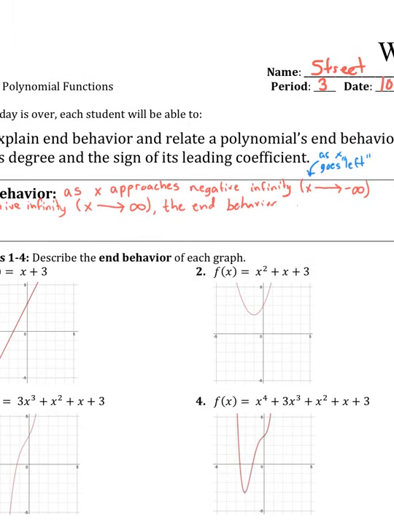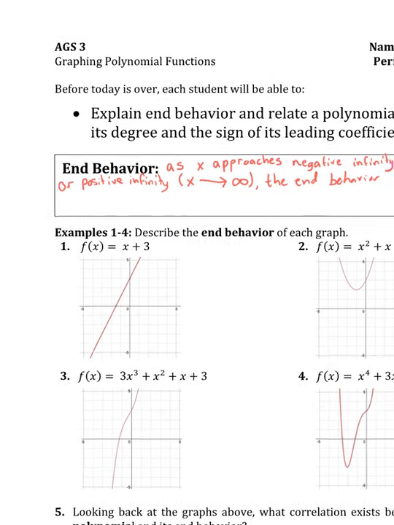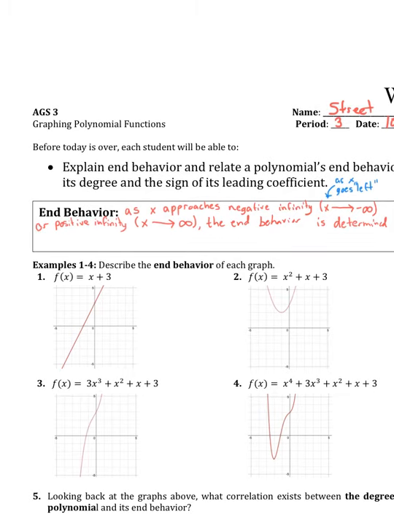The end behavior is determined by two things, though. Oops, I'm going to zoom out just a little bit. By two things. And we talked about those two things yesterday briefly in class. But today we're going to go a lot more in depth about it. We're talking about the degree of the polynomial, so we had to look at the exponents and figure out what the highest degree is.